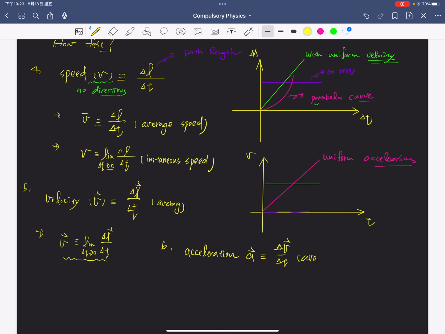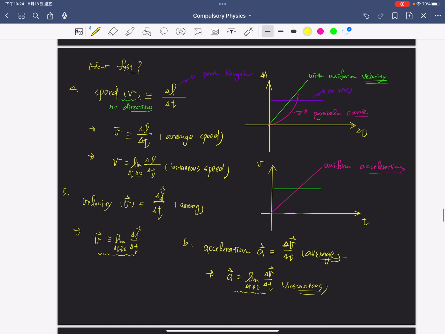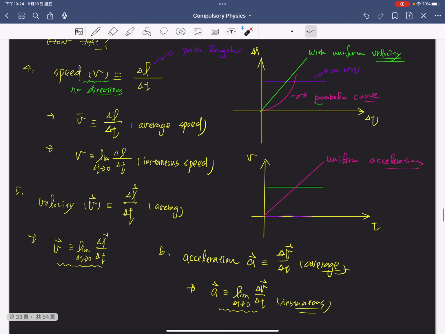So this is the average acceleration, and you can also get the instantaneous acceleration. So this is the instantaneous. If you want to know the motion state, you can use the diagrams above, or use these physical quantities to help you know the exact physical state.